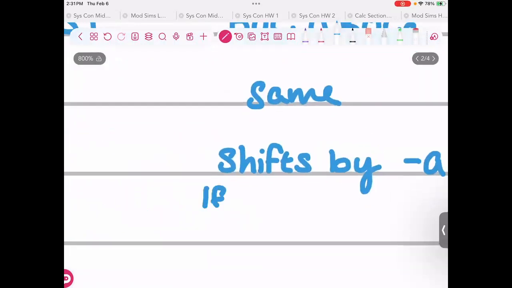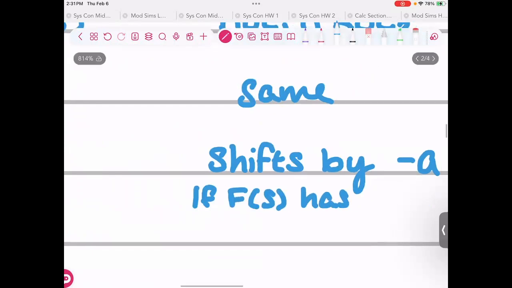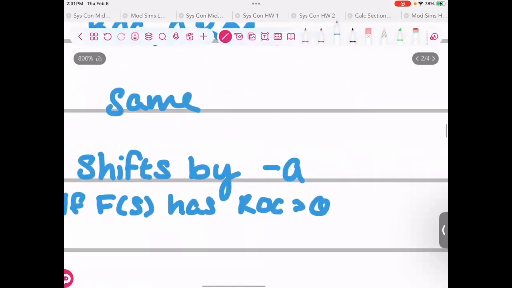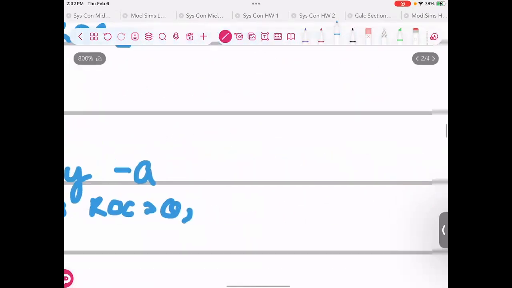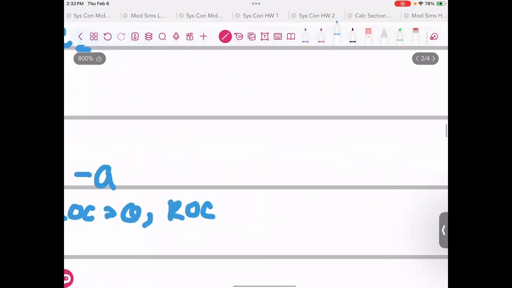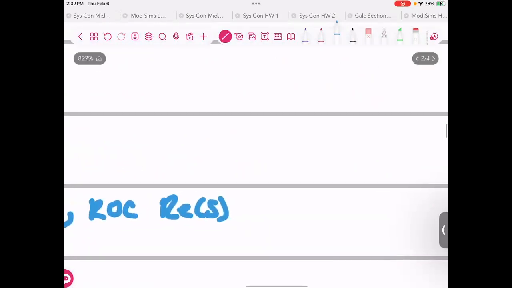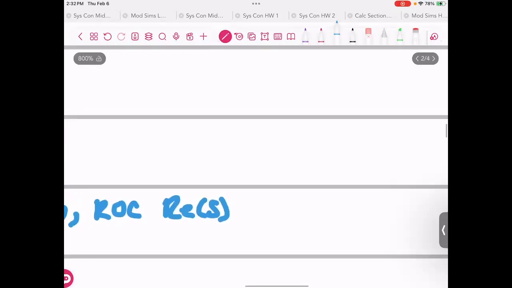If F of s originally has an ROC that's causal and greater than theta, then the ROC is now, when the real of s is greater than a theta.